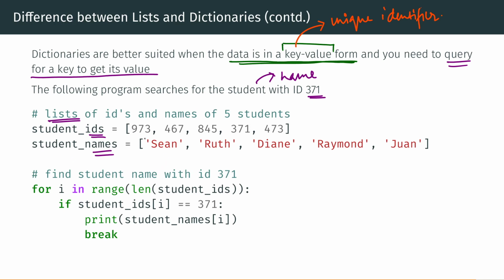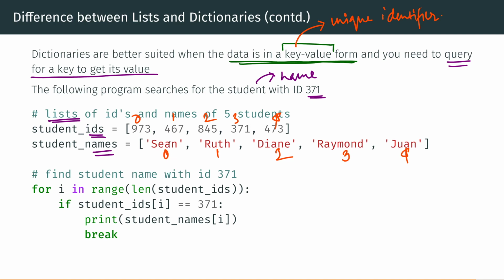The student IDs contain the IDs of the students. So this is the ID of the first student, second student, third, fourth, and fifth. This is the name of the first student, second student, third, fourth, and fifth. So the first student has an ID of 973 and name Sean.